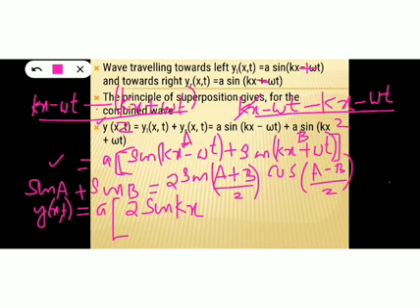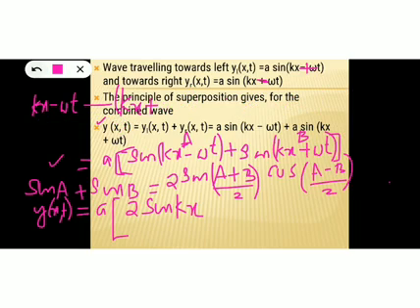Here kx minus kx cancels and we are left with minus omega t minus omega t, which is minus 2 omega t. Minus 2 omega t by 2 is minus omega t. So cos((A minus B) by 2) is cos(minus omega t).